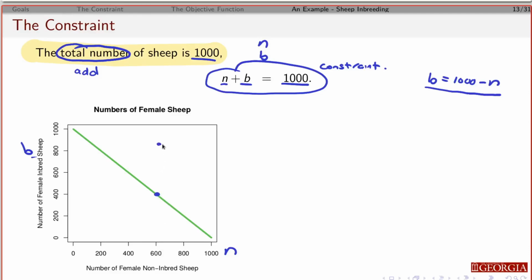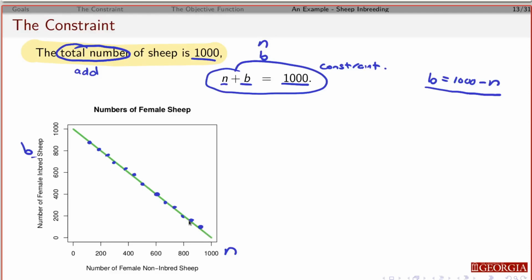If I had 600 non-inbred sheep and 900 inbred sheep, my ranch can't hold that, so that's out. That can't really happen, so I don't want to use that. I can only look at numbers along this line.